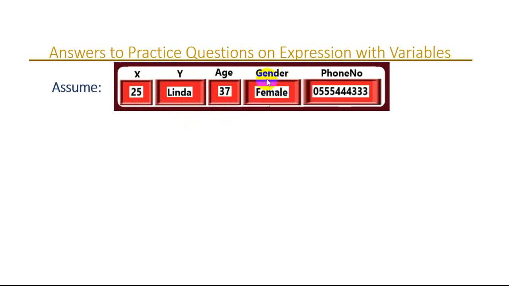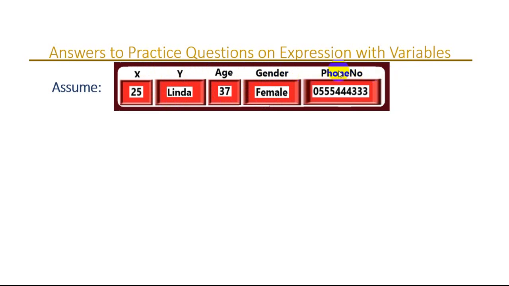So y and gender are alphanumeric variables. x and age are numeric variables so that we can do arithmetic operations with them. So x contains 25, y contains the word Linda, age contains 37, gender contains female. So x, y, age, gender are all variables.